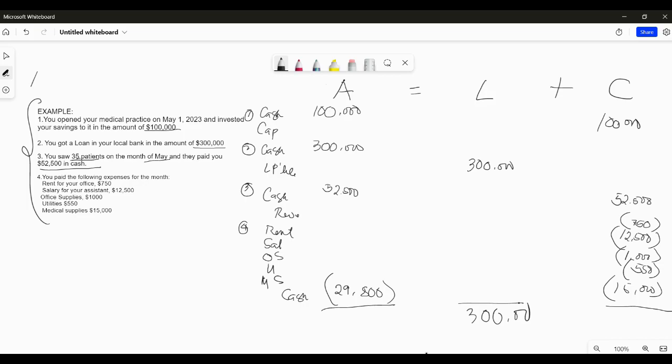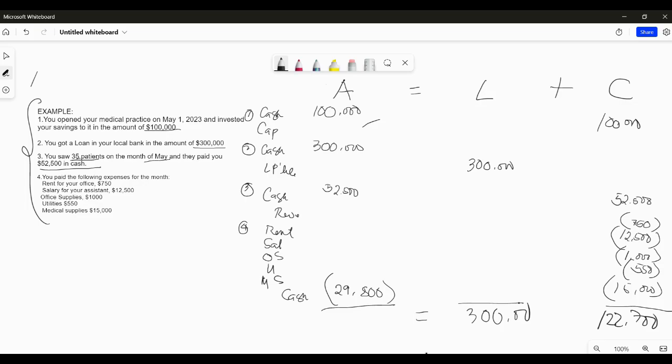Your capital is 100,000 plus 52,500 minus 29,800. So that would be 122,700. Adding that to your liability, your assets should equal 422,700.